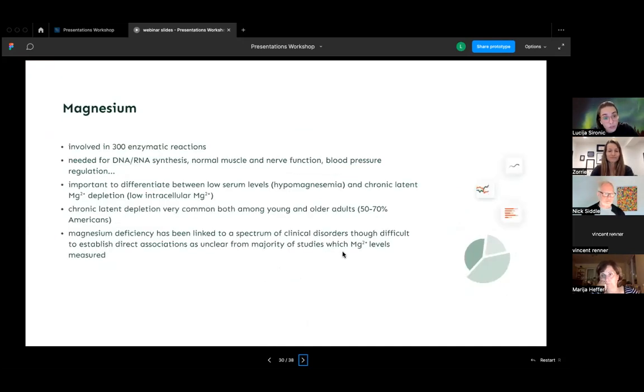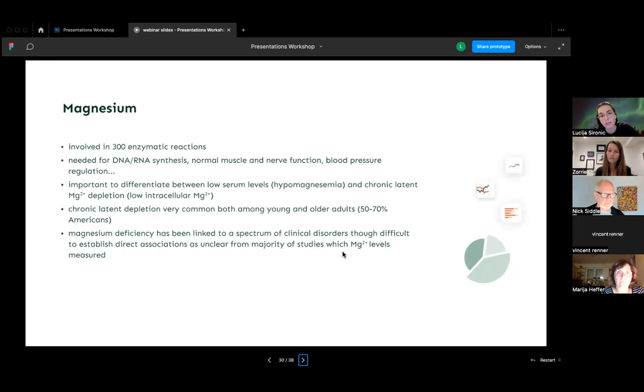So the last 2 things that I would like to mention are magnesium and zonulin, again relevant to our case study number 2. So magnesium has widespread use, with many different cellular functions, involved in 300 enzymatic reactions needed for normal muscle and nerve function, blood pressure regulation, and so on.